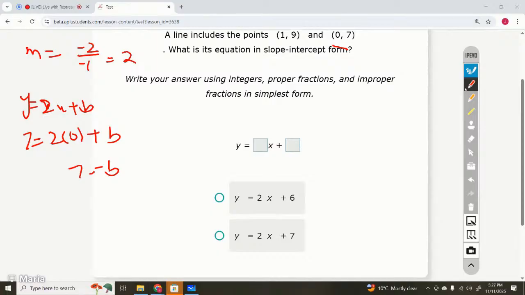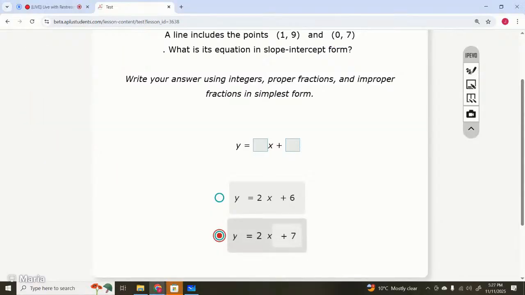So the equation is y equals 2x plus 7. Option number 2 is the correct option.